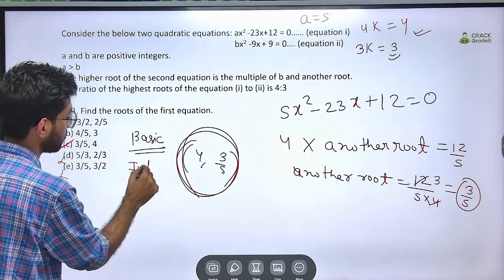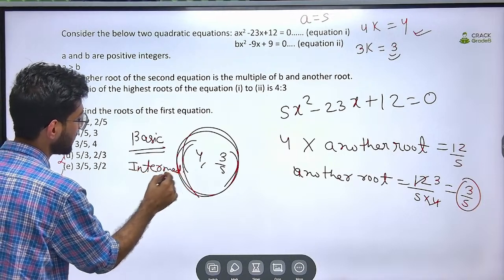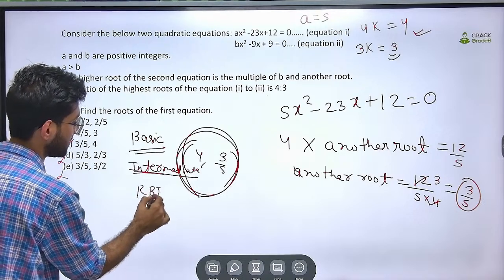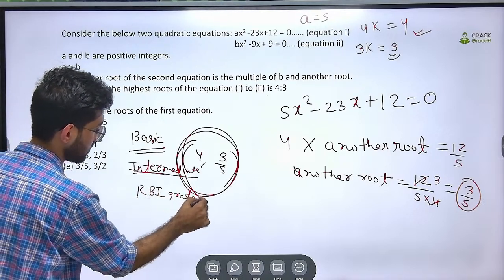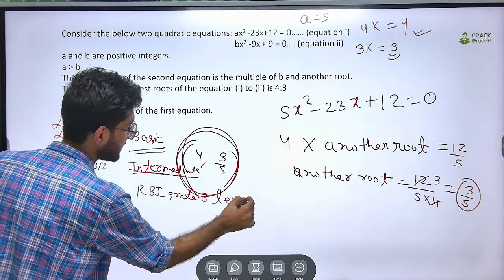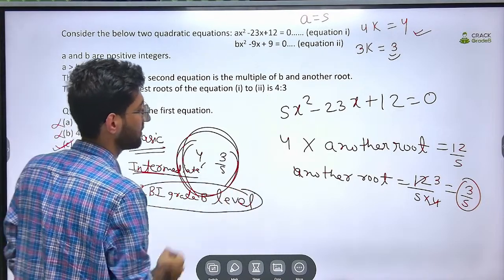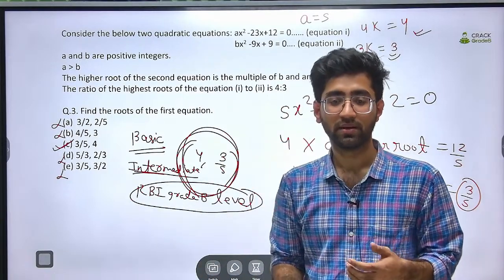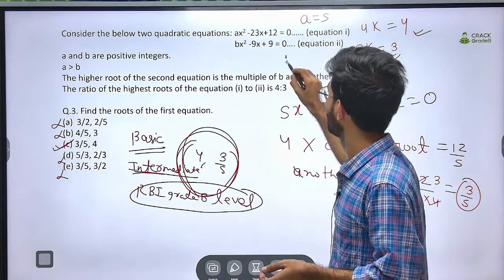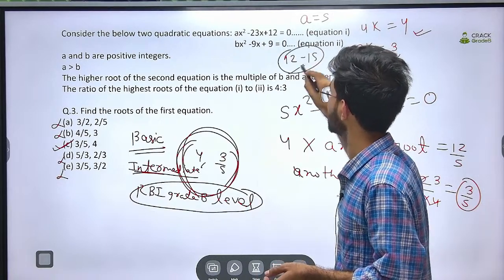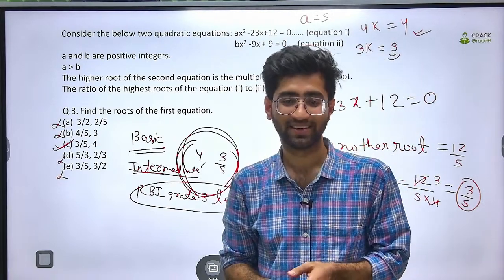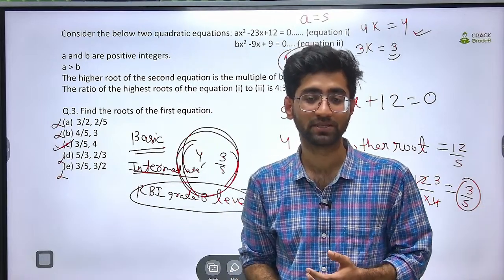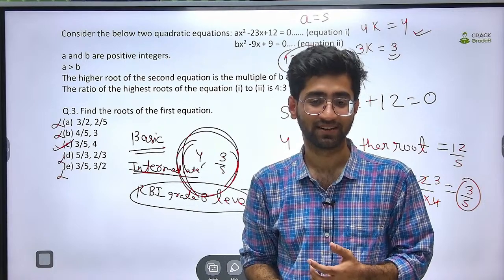Then we will solve the questions of intermediate level, and then obviously we will solve the questions of RBI Grade B level. And yeah, if you join any one of our batches, you will definitely be able to score. See, we have enough time, so we can plan for 12 to 15 marks from the quant section, even if you are not good at quant. Or if you are good at quant, obviously you should definitely target 15 plus marks from the quant section, right?